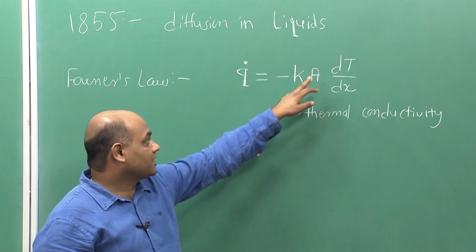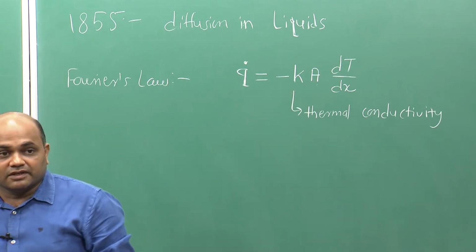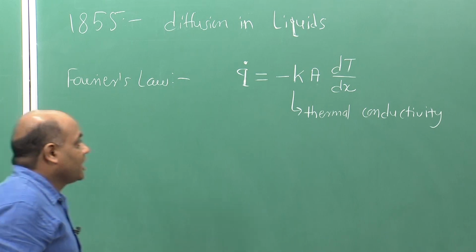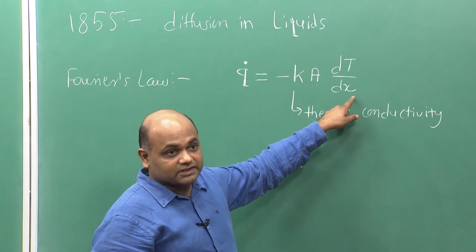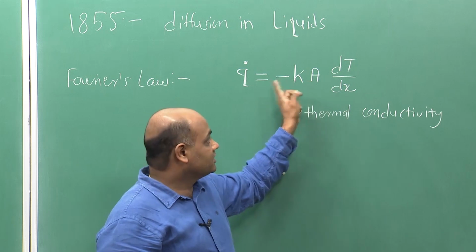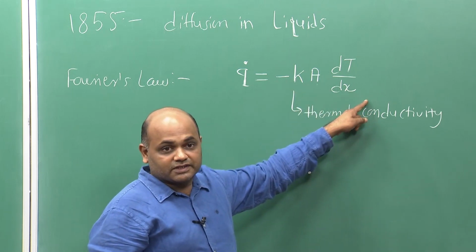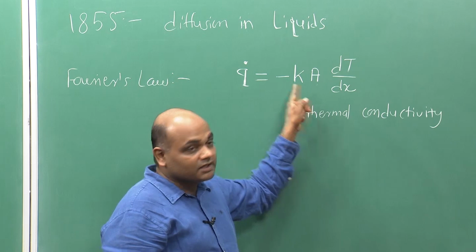If you take A this side, it becomes the heat flux, and dT by dx is the temperature gradient. Heat flows down the temperature gradient, and that is why you have a negative sign here.